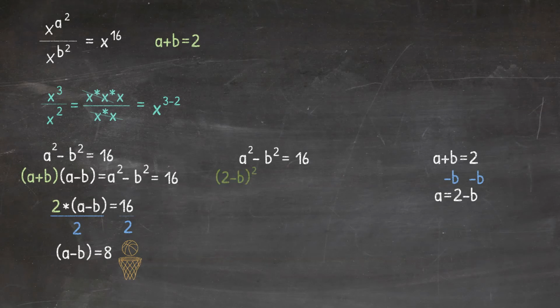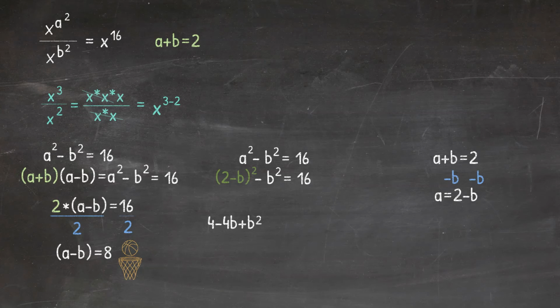Now with this information, we can replace a in the other equation with 2 minus b and proceed with the calculations. What we get is (2 minus b) squared minus b squared equals 16. Now, again, if you have the knowledge of the three special cases, you'd be able to unwrap it very quickly and get 4 minus 4b plus b squared to replace (2 minus b) squared.